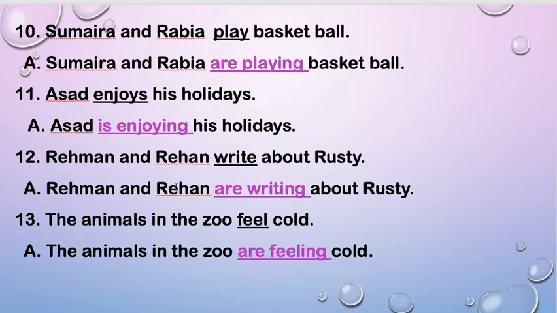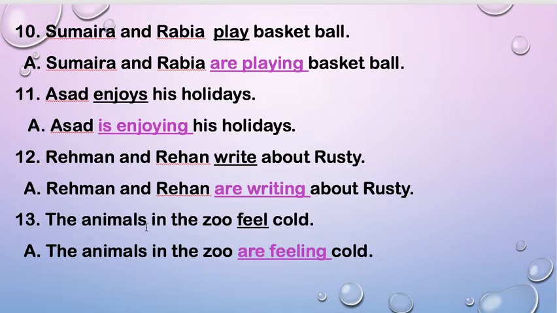So Rahman and Rehan, they are two subjects and they are connected with an "and". So it will be in plural form. That's why the helping verb is also in plural form here. And write is the base form of the verb and we are adding ing to it. So write will become writing and it will be in present continuous form.